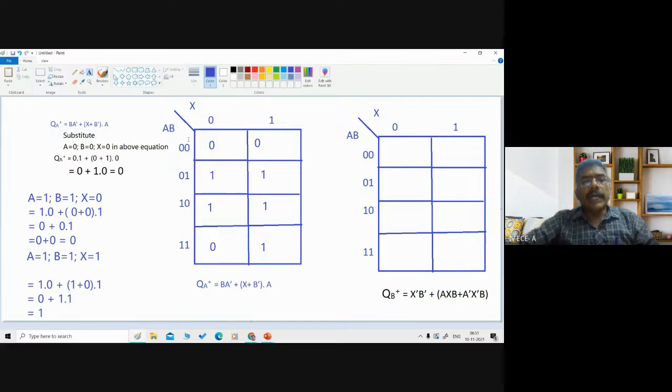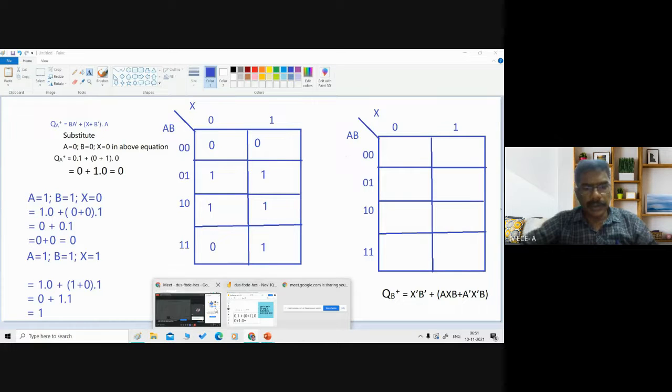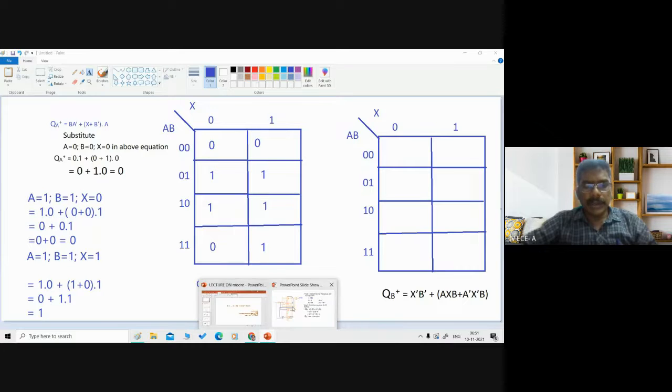So these values we are going to convert into the state table. A and B values are here, and x value equal to 0 and x value equal to 1. So these values will be converted here. Let's see the PPT.